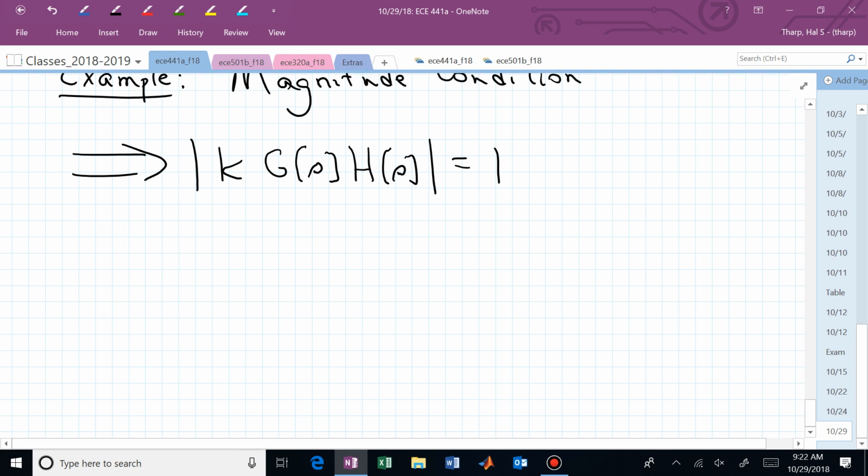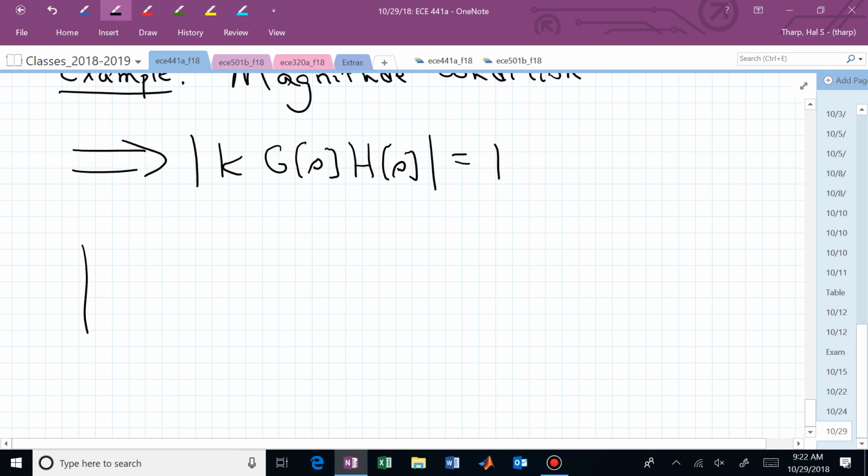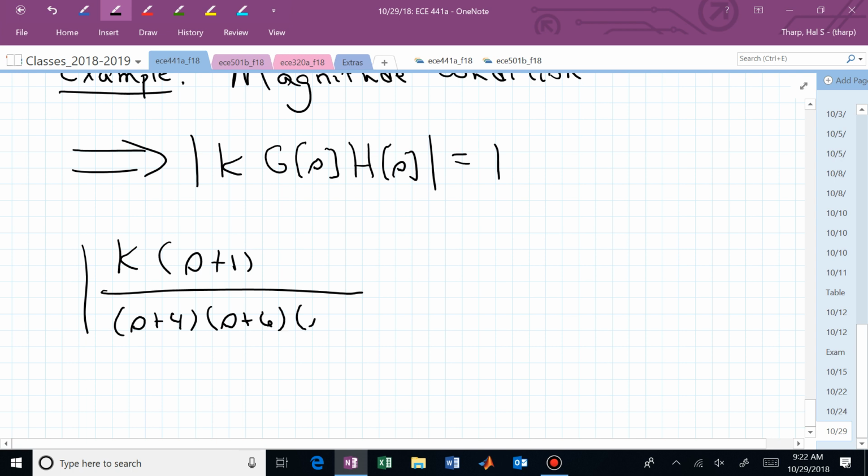And in our particular case, we know what g and h represent. We had a 0 factor and we had 3 poles. And that expression for different values of s, complex values of s, that are on the root locus needs to be true.